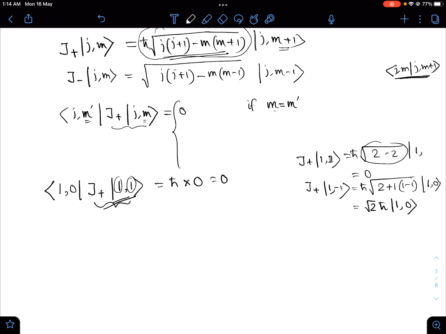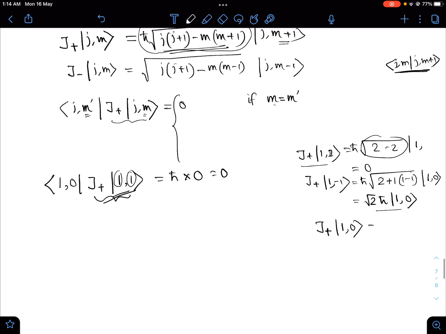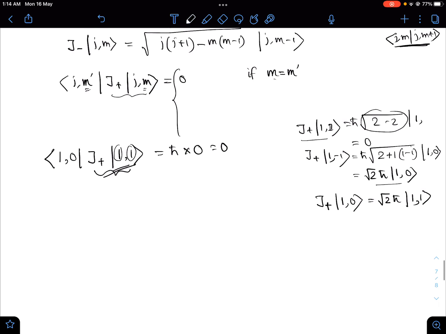So J plus on this is giving us this, and J plus on |1 1> is giving us this, and also calculate what will be J plus on |1 0>. For |1 0> we also get root 2 ħ, and it will produce |1 1>. So let us calculate all the terms.